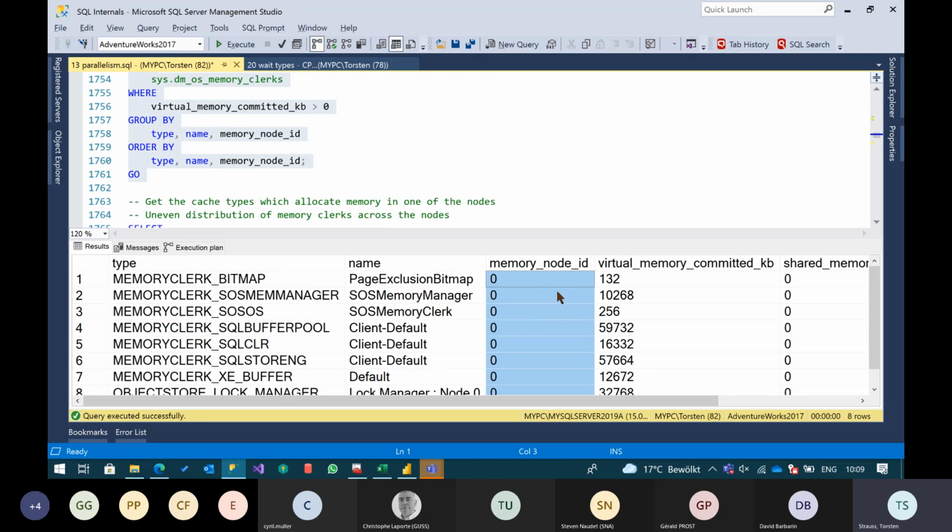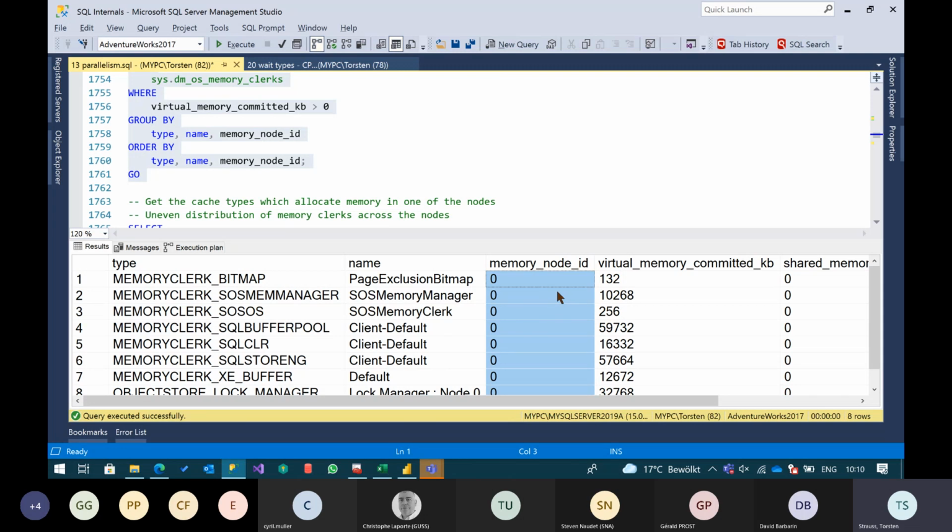That means when you have more than 1 NUMA node on your machine, you will double the number of memory clerks, because 1 memory clerk is allocated to a specific NUMA node. It is the same memory clerk, but for sure it is another memory address, bound to the other NUMA node.